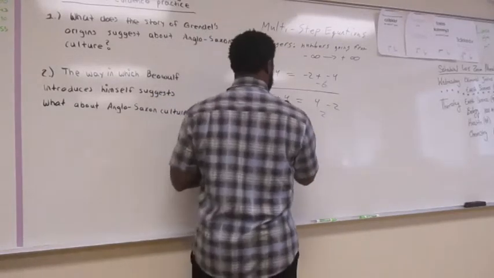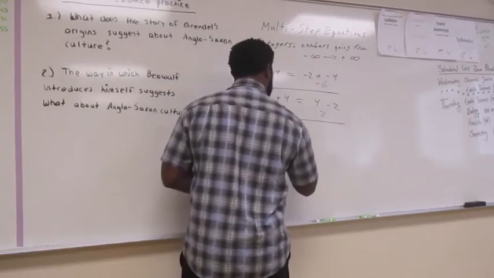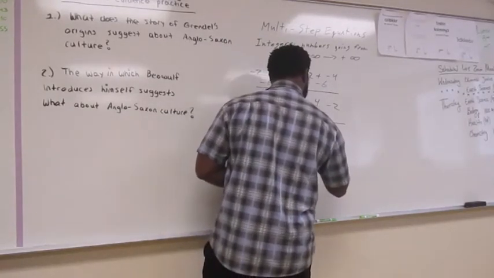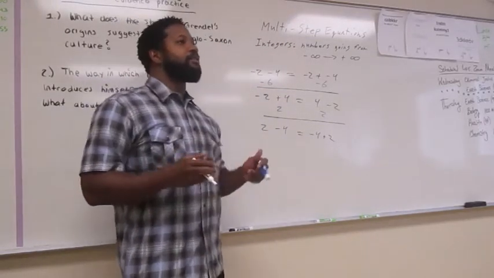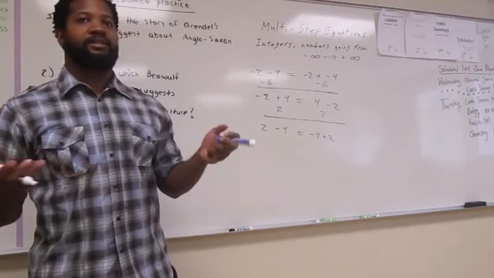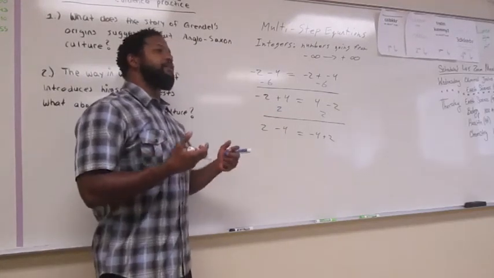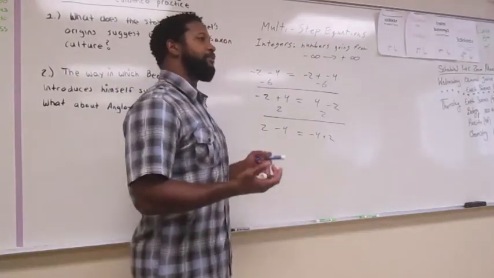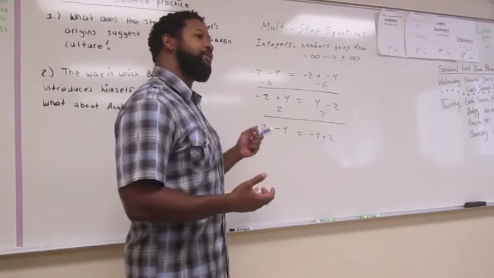The same rule applies if it was written like this: if you have 2 minus 4, that's just like saying -4 plus 2. When you take the difference of something, you're subtracting, and you take the larger of the two and keep its sign.